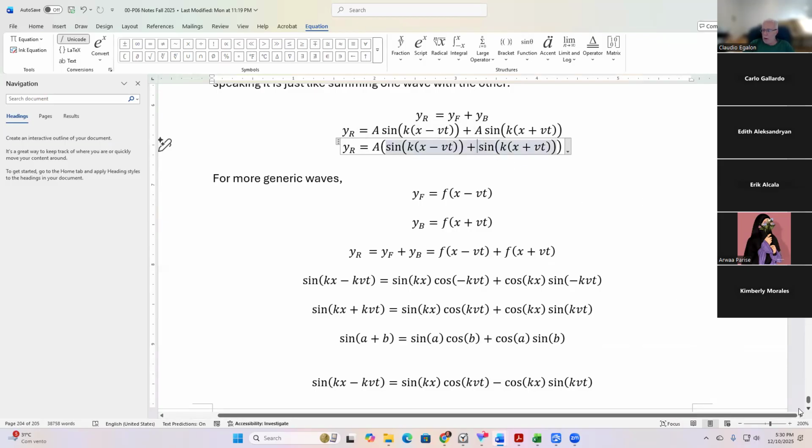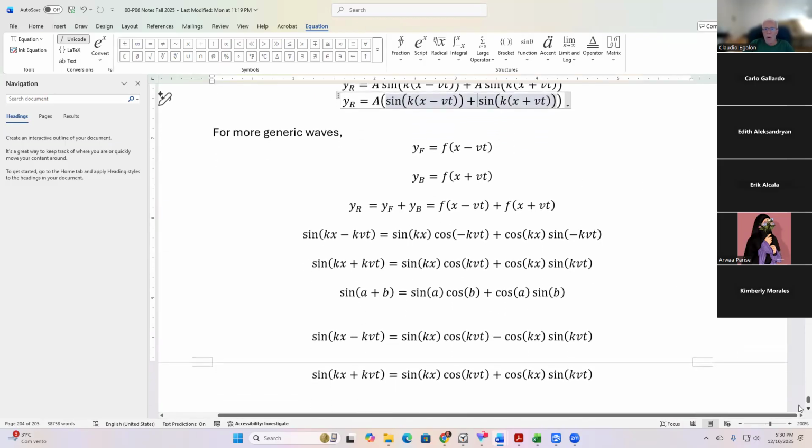Okay, so now what you see right in here is exactly the summation of those two terms that you see here. kx minus kvt, kx minus kvt, right? kx plus kvt is kx plus kvt here.